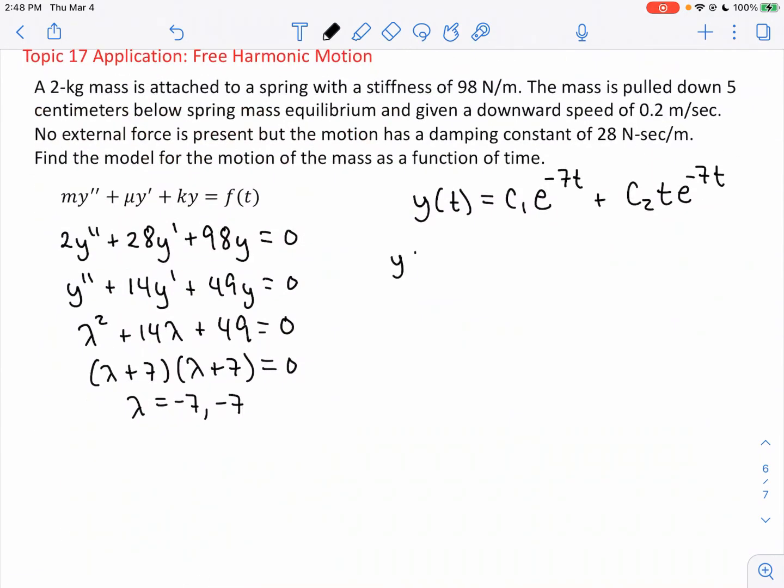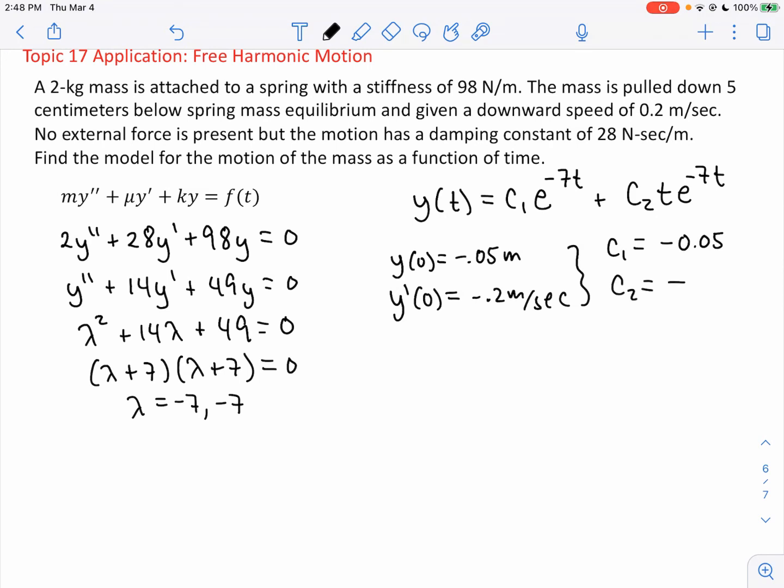We know that if y of 0 is equal to -0.05 meters, and y prime of 0 is still -0.2 meters per second, that this gives me that c1 will wind up being -0.05, that's still the same. c2 winds up being -0.55.